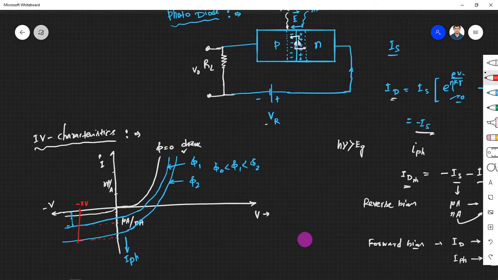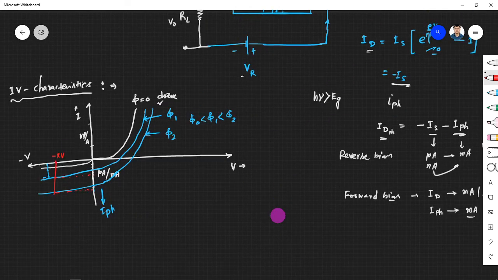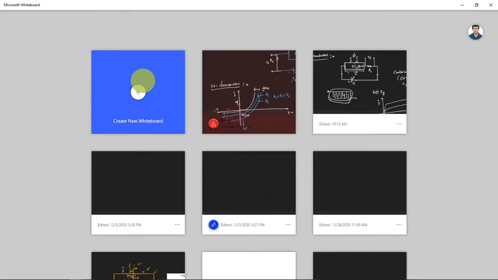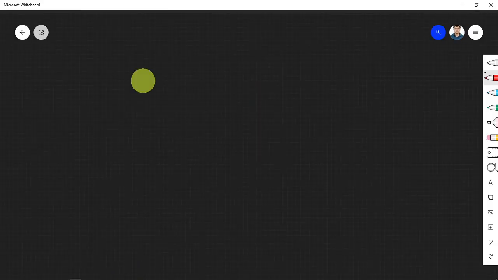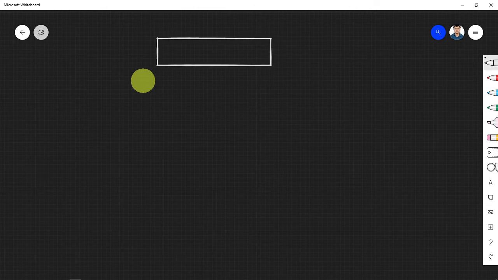It's again a PN junction diode, but we will just modify it. Much more efficient construction could be like this. So let me draw the device, then you will agree with me. Okay, so we have P, N, and I'll put one intrinsic semiconductor in between.